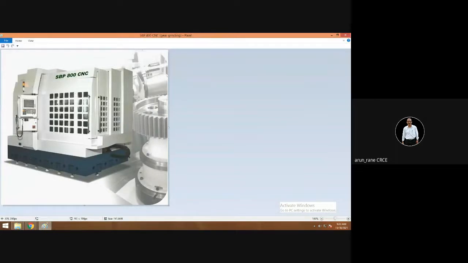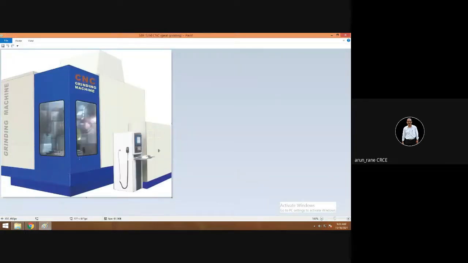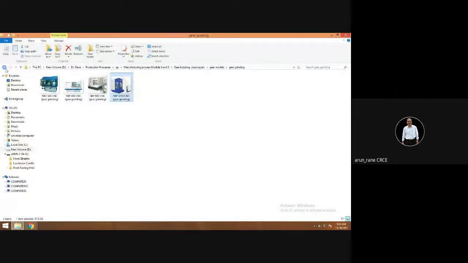This is a bigger machine, SBP 800, so gears up to 800 millimeter diameter can be ground. This is still bigger, 1.25 meter or 1250 millimeter dia.